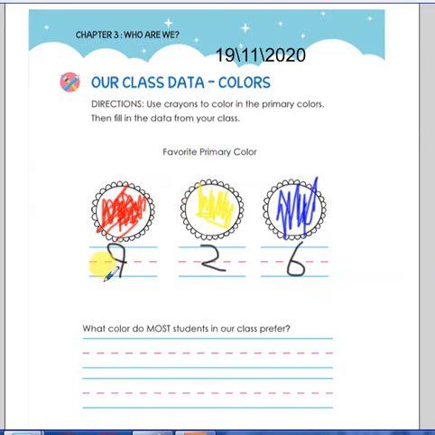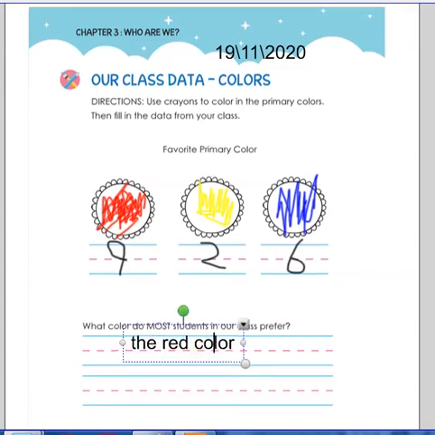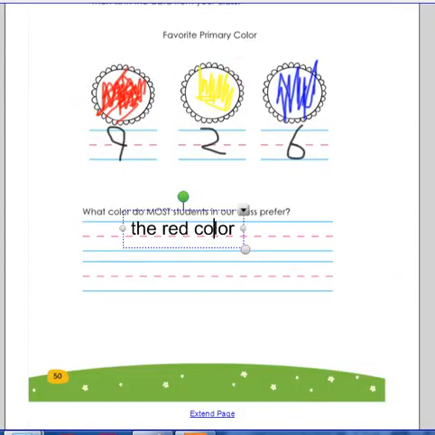Biggest number is 9 and smallest number is 2. Which color do most students in our class prefer? The most color is red. So we write the red color is the most color. Okay, turn the page.